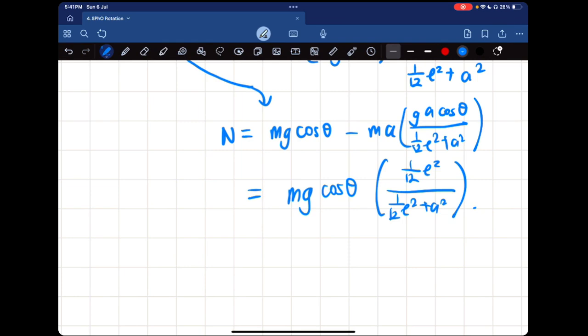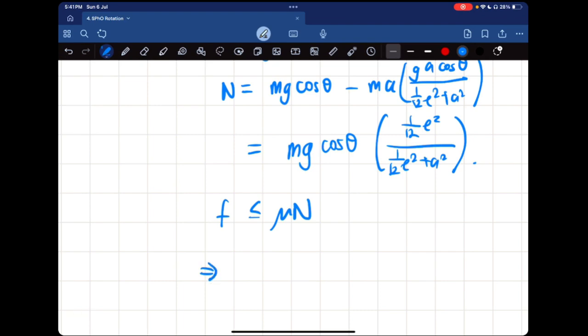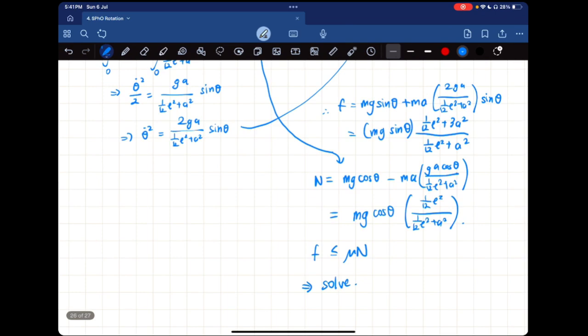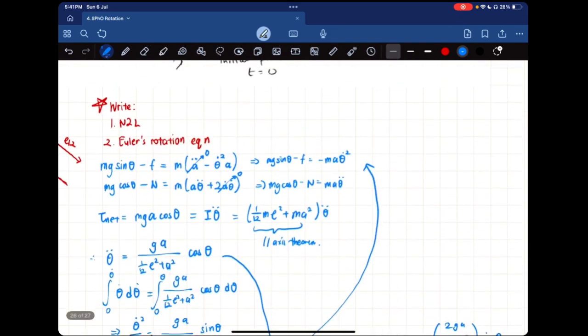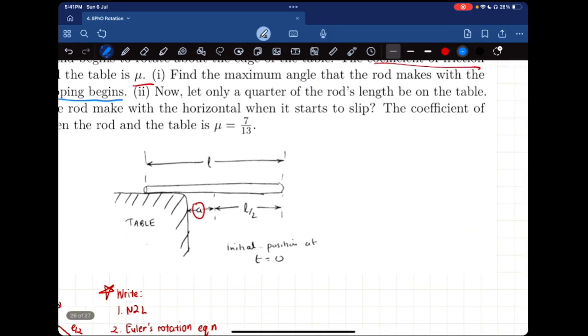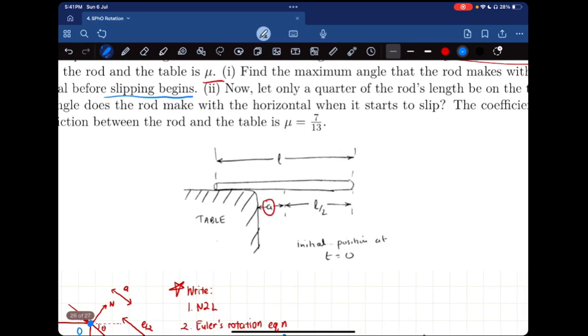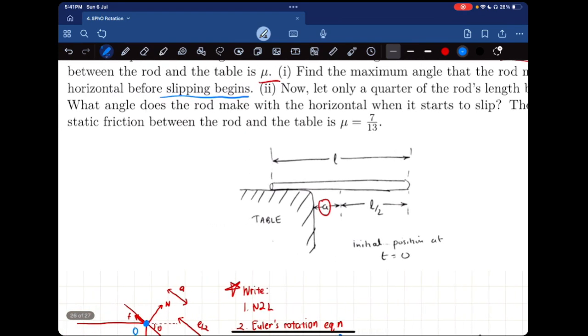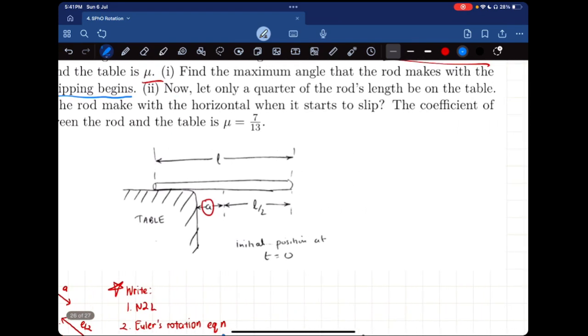And what's left is just putting in your non-slip condition, which you can solve. With these expressions here, a lot of things cancel out, so it's quite easy to solve for theta. The other part is just a simple case of the first part where only a quarter of the rod's length is on the table.